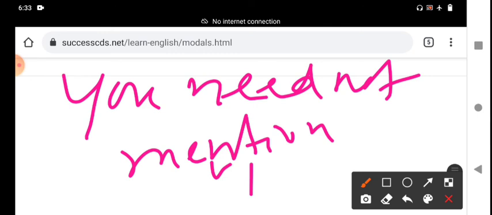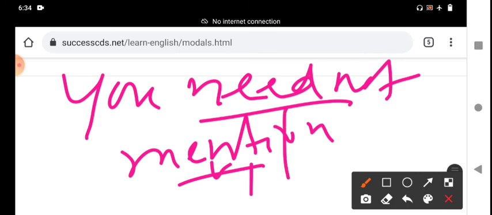You don't need to mention this to your father. Here, in you need not mention, it follows the main verb and functions as a modal verb.